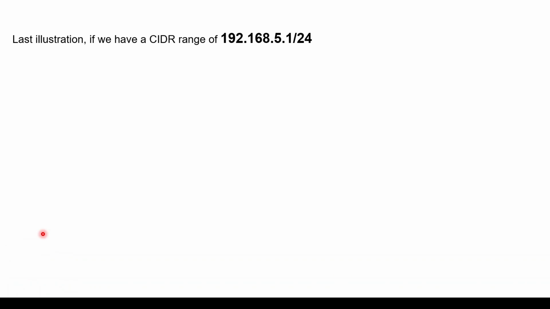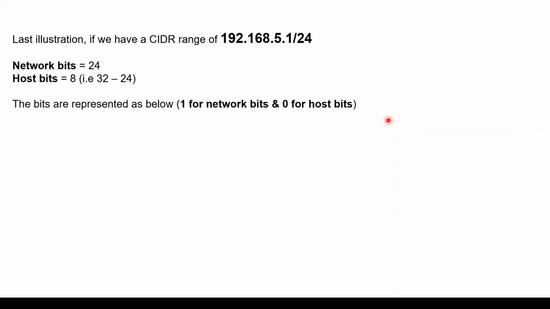All right, last illustration before we begin to solve some exercises. So if we have a CIDR range of 192.168.5.1 in a /24 network, now the network bits will be 24. The host bits will be 8. That is 32 bits minus 24 bits reserved for the network, which gives us 8 bits. Now the bits are represented as below.